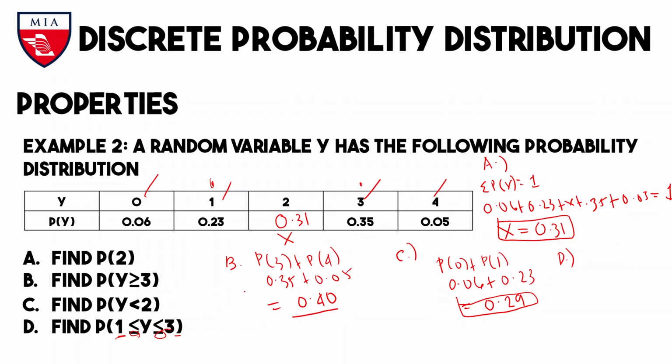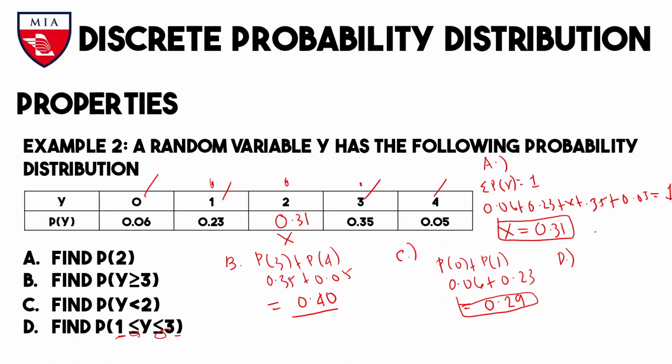And it is said in the problem, between 1 and 3, so automatically 2 is also considered because it is the middle of 3 and 1.